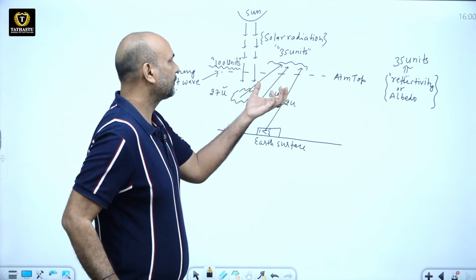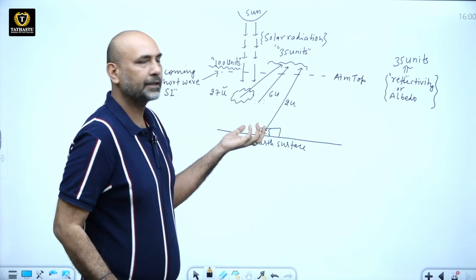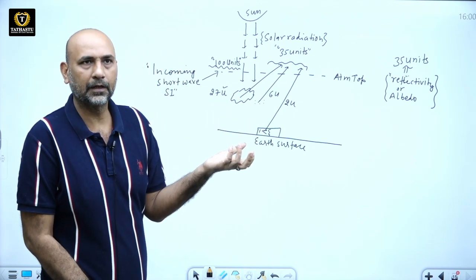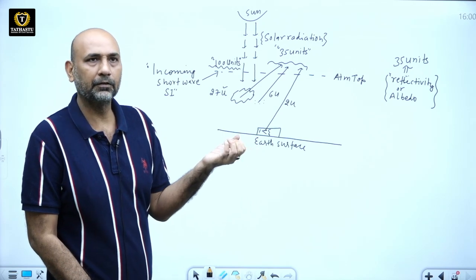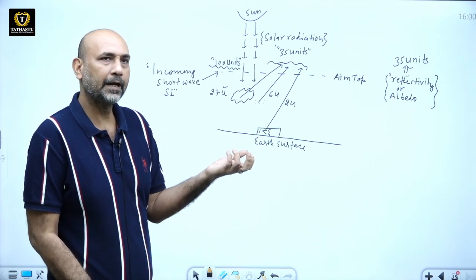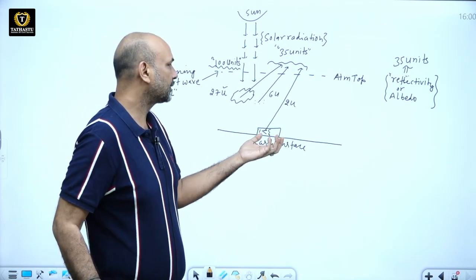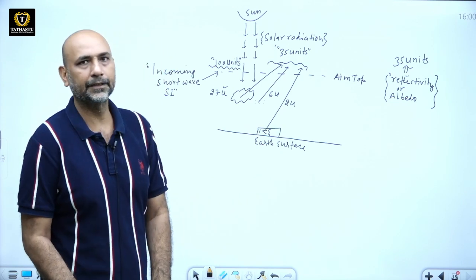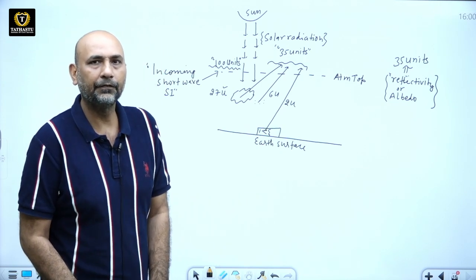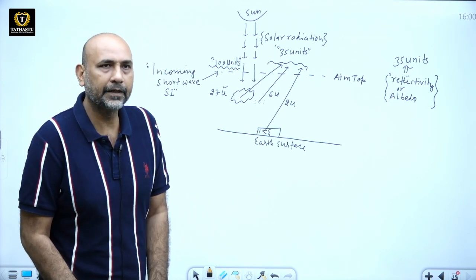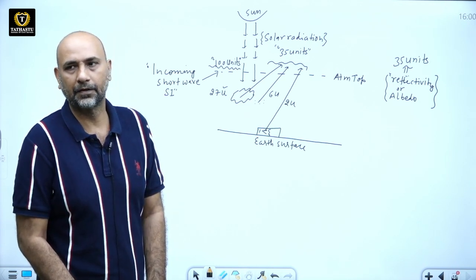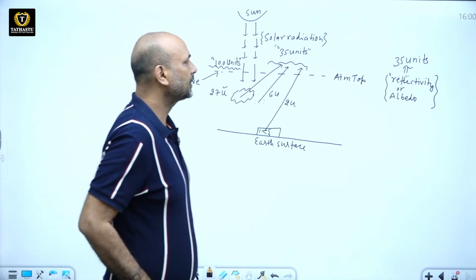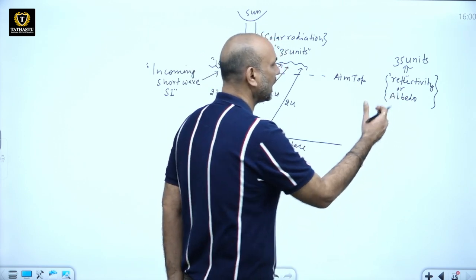Of these 35 units, 27 units are reflected from the atmospheric clouds, 6 units by dust and suspended particulates in the atmosphere, and 2 units by ice caps and glaciers. These 35 units are not absorbed by either the atmosphere or the surface of Earth. That phenomenon is known as reflectivity or albedo of Earth.